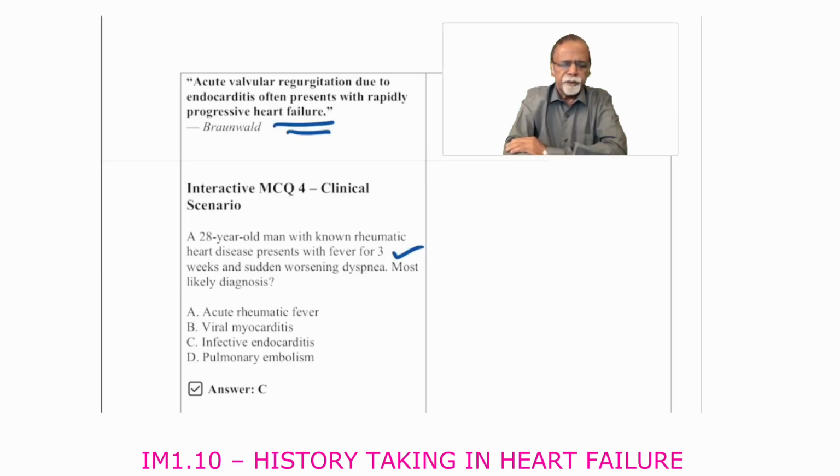In this setting, acute rheumatic fever usually presents with joint pain, fever, etc. That is not suggestive. Viral myocarditis, of course, is possible, but here it is 3 weeks, so it is low on the list. Pulmonary embolism usually can present like this, but it is unlikely. The most appropriate answer is infective endocarditis.